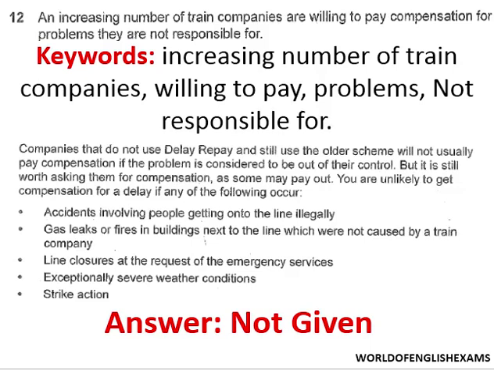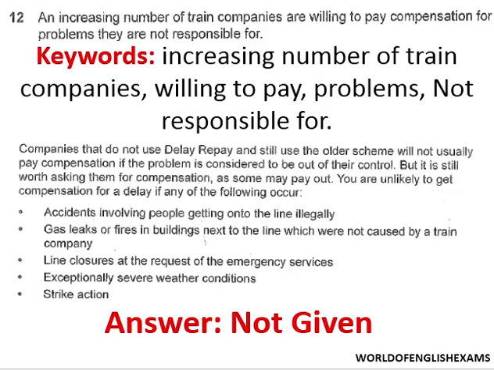Companies that do not use delay repay and still use the older scheme will not usually pay compensation if the problem is considered to be out of their control. So they are telling that companies that do not use delay repay, that means which are not under the scheme of delay repay and use the older scheme, will not pay the compensation even if the problem is considered to be out of the control, but it is still worth asking them for compensation, as some may pay out.